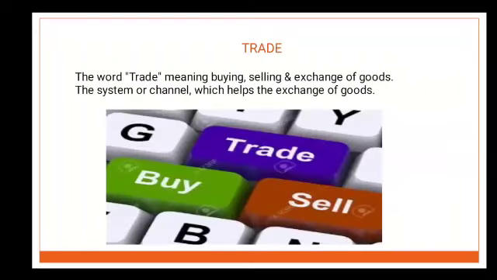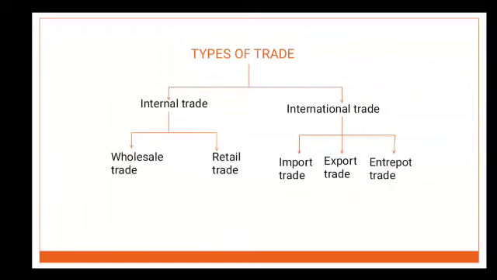Next point, trade. The word trade means buying, selling and exchange of goods, the system or channel which helps the exchange of goods. Next point, types of trade. There are two main types of trade.